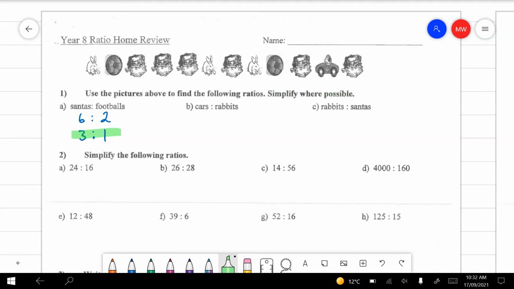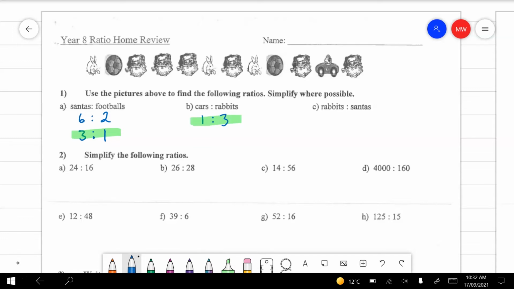Cars to rabbits, let's have a look. I can only see one car here. So we've got one car, and I've got 1, 2, 3 rabbits. Can't simplify that one, so that's simplified as far as it will go.